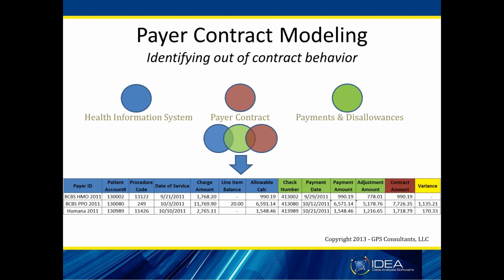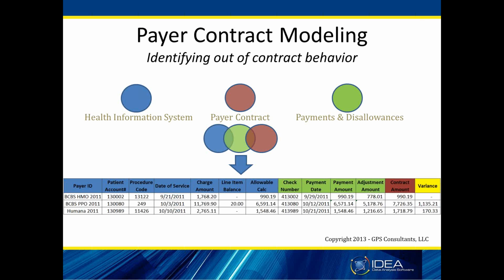Okay, so the payer contract modeling concept. Really what we're doing here is identifying any out-of-contract behavior. That's the key thing we're looking for, and we're looking across 3 disparate systems. We've got our health information system, with all kinds of information related to the patient, the date of service, all of the different procedures that were performed, the diagnoses, etc. Then we have the payer contract, which lays out and stipulates exactly how you are to be reimbursed for certain scenarios.